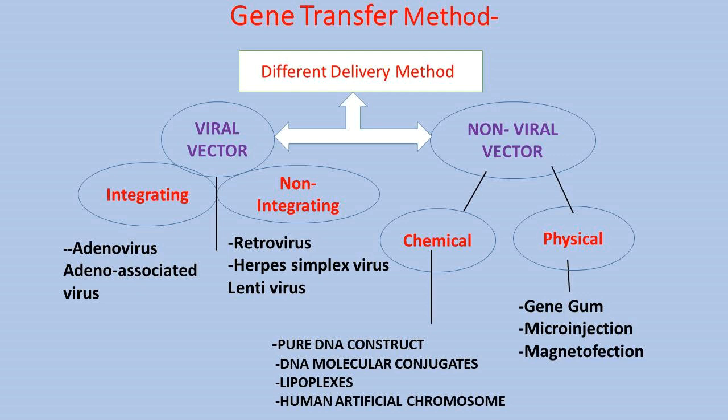Viral vectors are again classified as integrating and non-integrating, including adenovirus, adeno-associated virus, retrovirus, herpes simplex virus, and lentivirus. Non-viral vectors can be classified into three types: the chemical method, the physical method, and the biological method. The physical methods are the gene gun method, microinjection method, and magnetofection method.